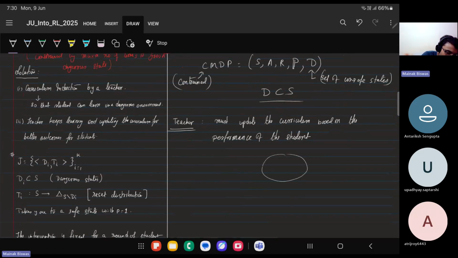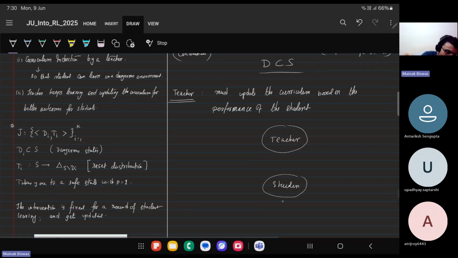So you have the teacher, you have the student. Student will interact with the environment. This will give us a set of interventions or curriculum. This will tell you what to do and what not to do.